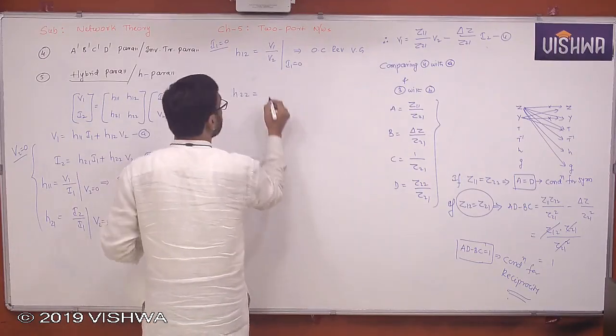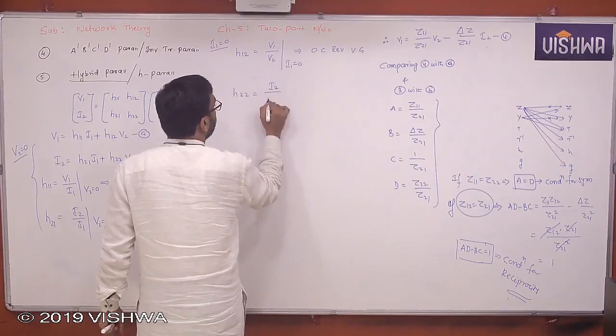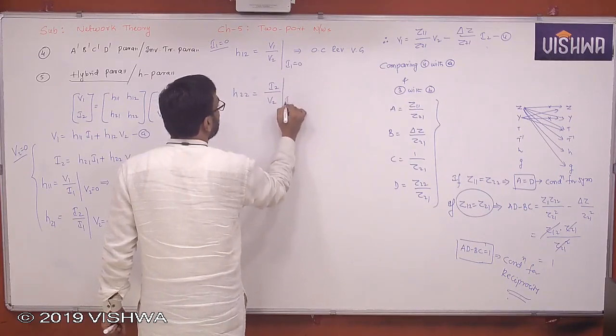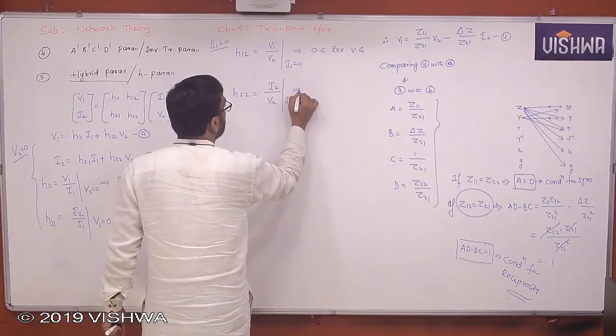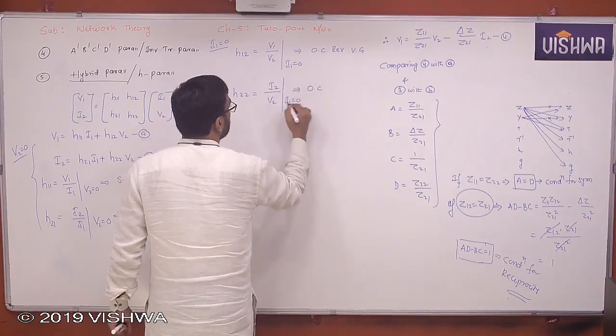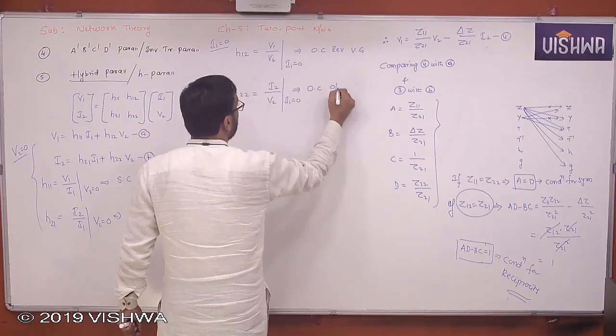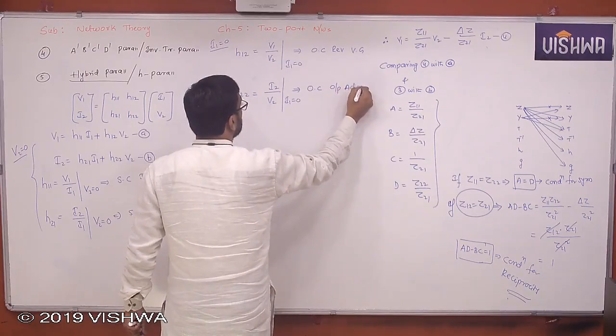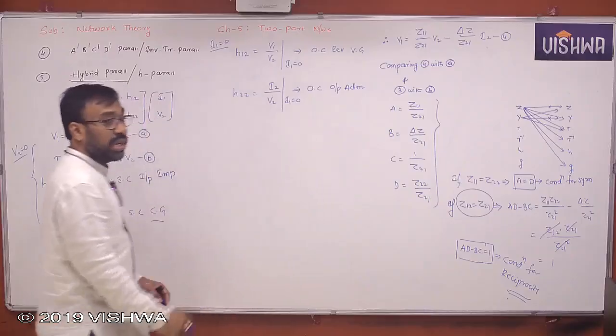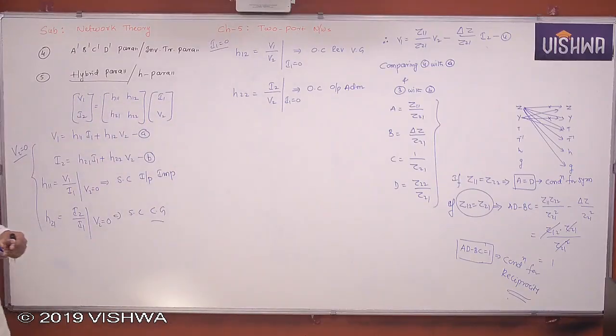I2 by V2 when I1 is 0. Open circuit output admittance. You understand all of it?